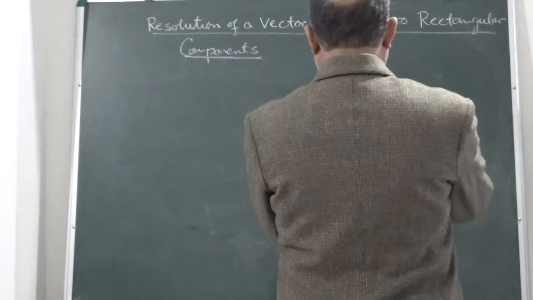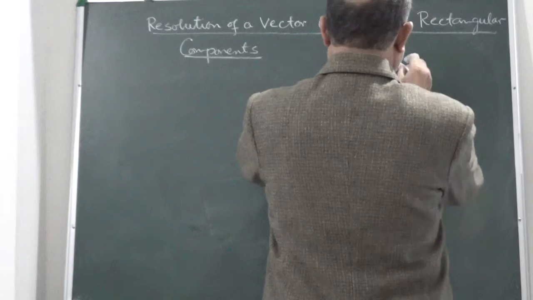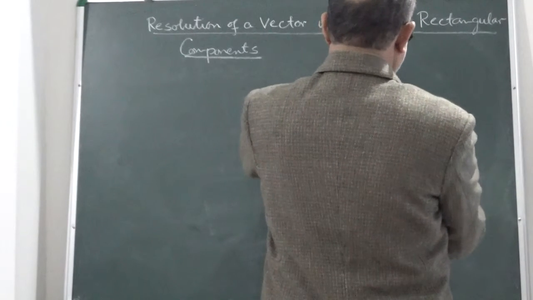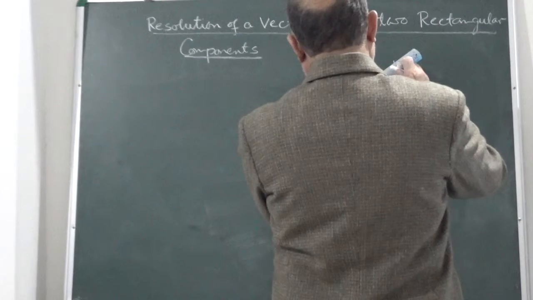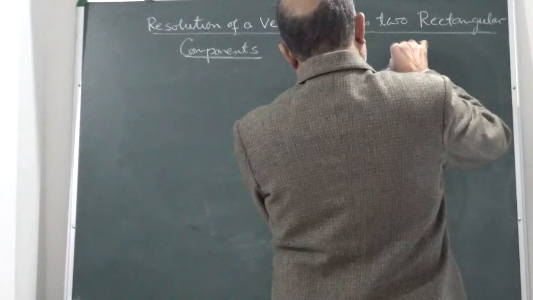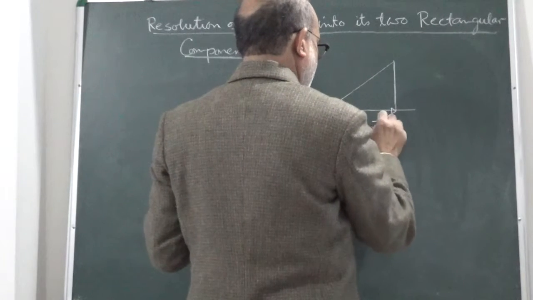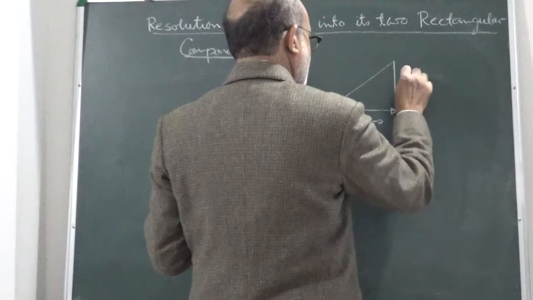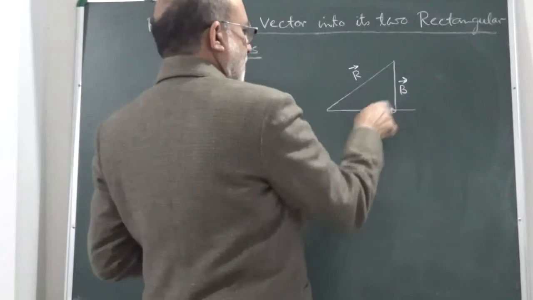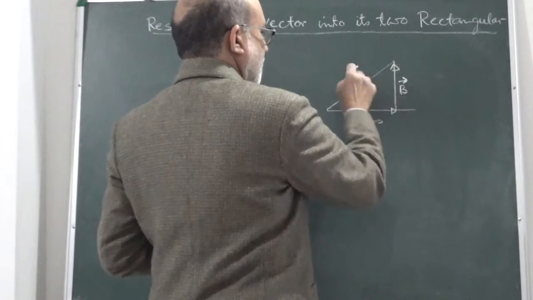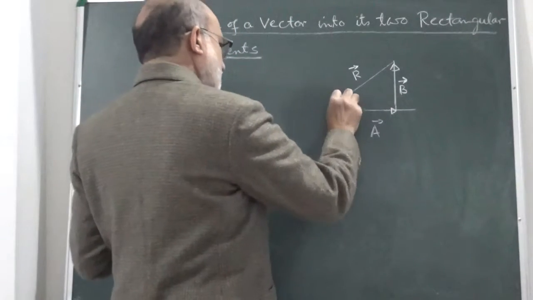Here again A and B are the rectangular components of the vector R. Now, suppose this makes an angle of, say, theta.